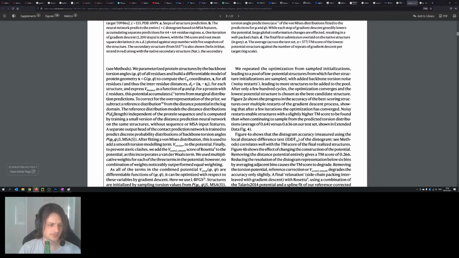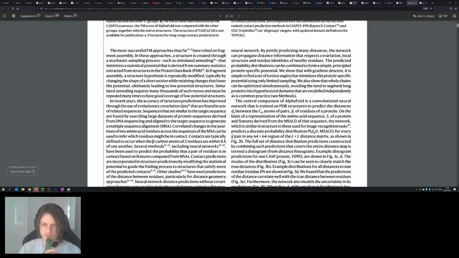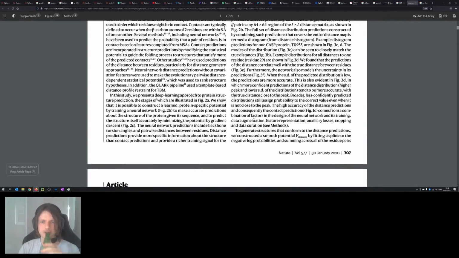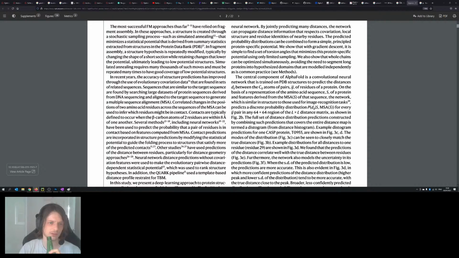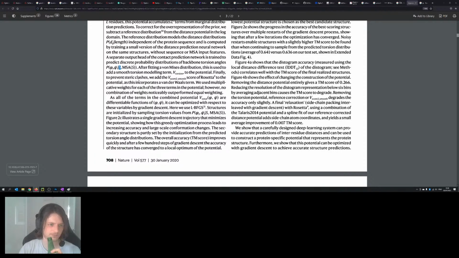So probability of phi of i and psi of i given the sequence. What was that again? S was the amino acid sequence. It says up here multiple sequence alignment.